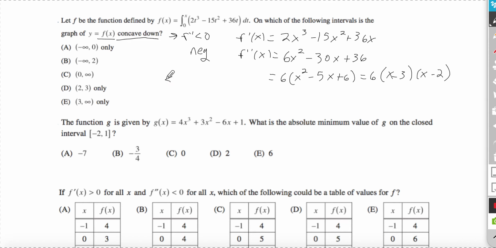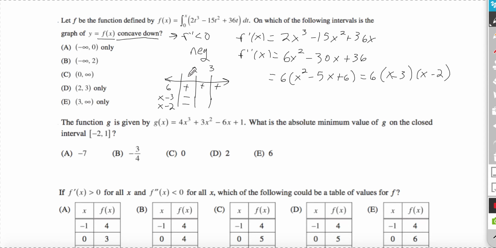I can do my sign chart. What are the zeros over here? I've got to put them in order from least to greatest. The zeros are 2 and 3. And my factors are 6, which is going to be positive all the way across, x minus 3, x minus 2. So what is our sign chart going to be when x is less than 2?